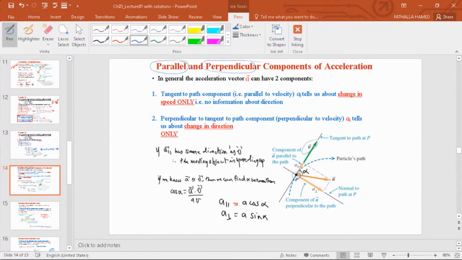And then if you want to change your direction, something has to pull toward the curve. And that's why we call this the perpendicular component, which is responsible for changing your direction. And that should pull toward the focus or the center of the curvature.